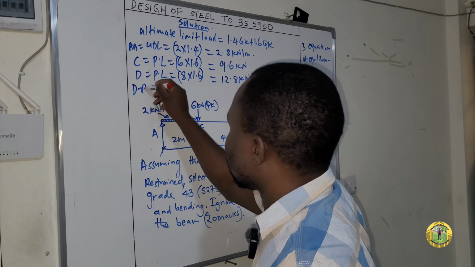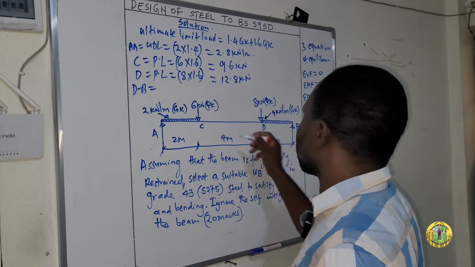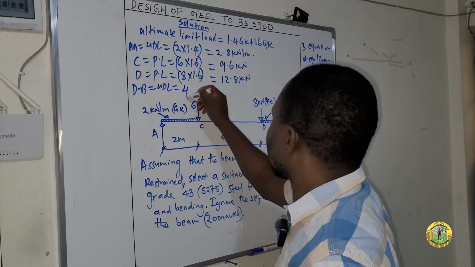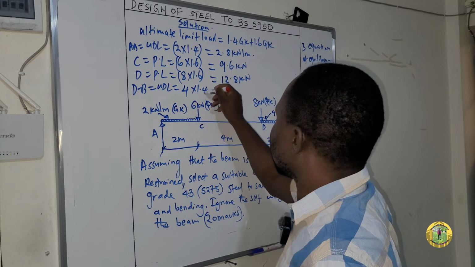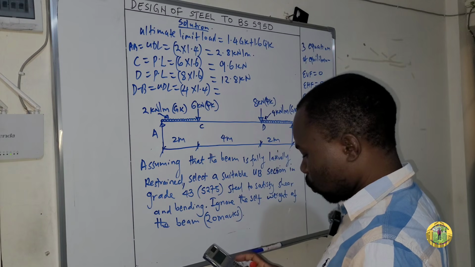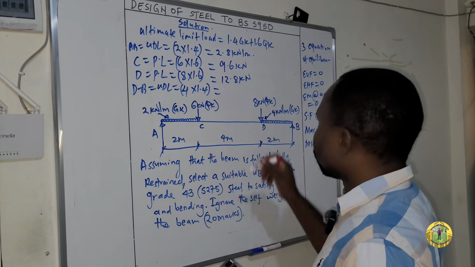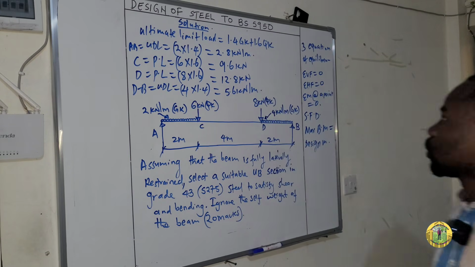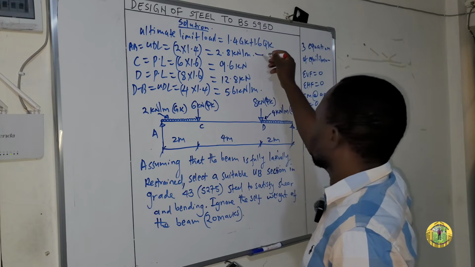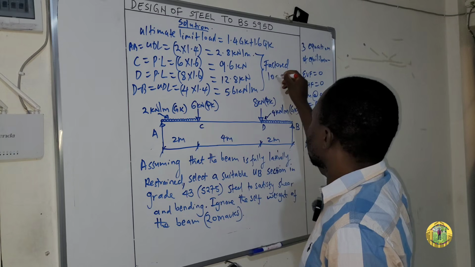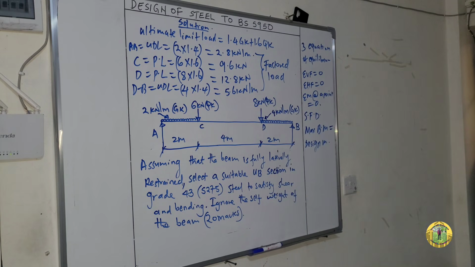So DB, we have a UDL of 4 kilonewton per meter, so this is 4 times 1.4, which is 5.6 kilonewton per meter. So having done so, now we have factored this load. So we can use this factored load to analyze this beam.